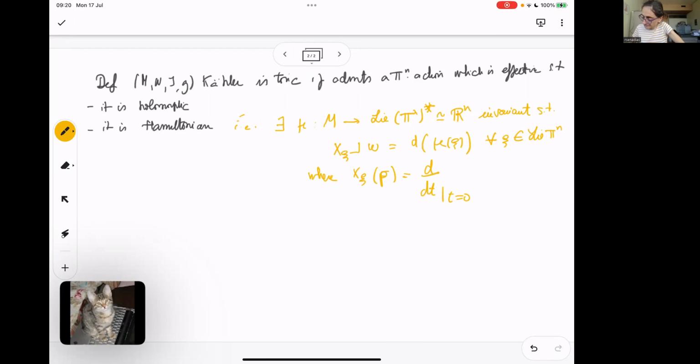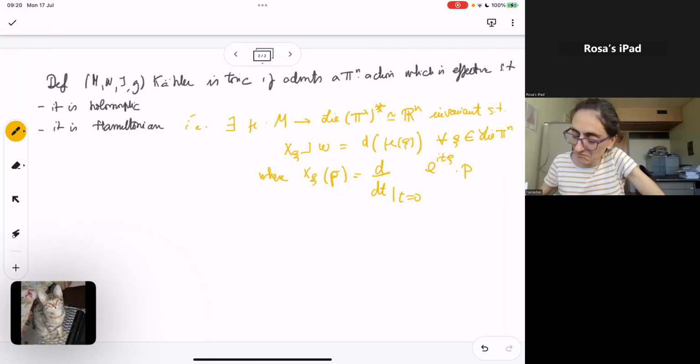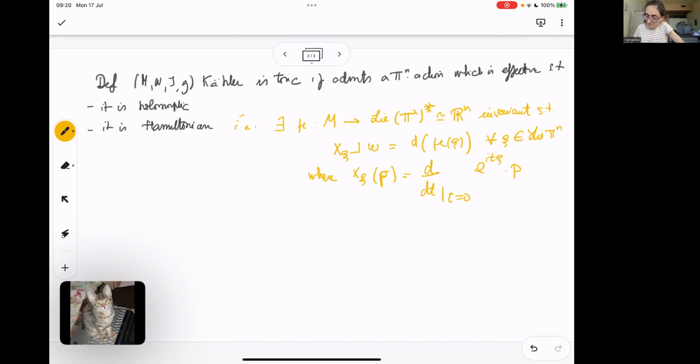So this is what a moment map means. Okay, and it's only defined up to a constant in the dual of the Lie algebra. Okay, any questions?